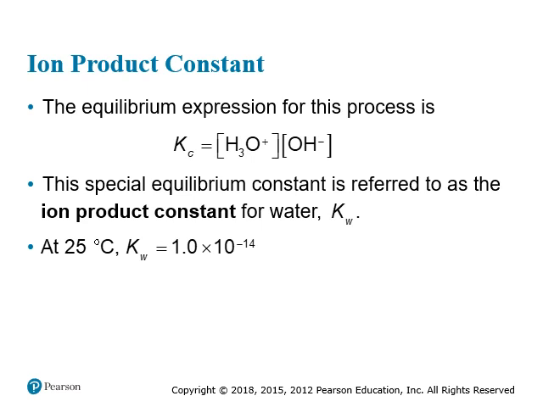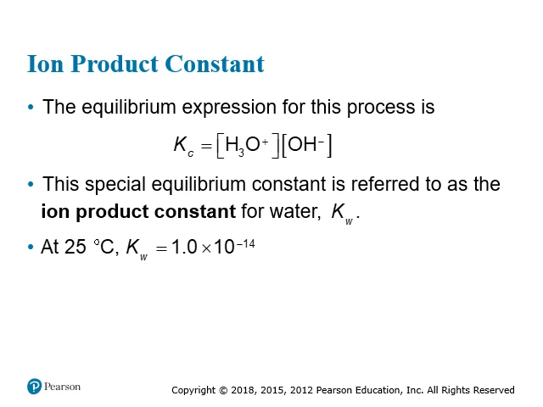Well, since our reactants are both pure liquids, we're simply looking at the concentration of our products multiplied by one another. This special equilibrium constant, since it's the product of the hydronium cation and the hydroxide anion concentrations in a sample of water, is referred to as the ion product constant for water, or the ion product of water.